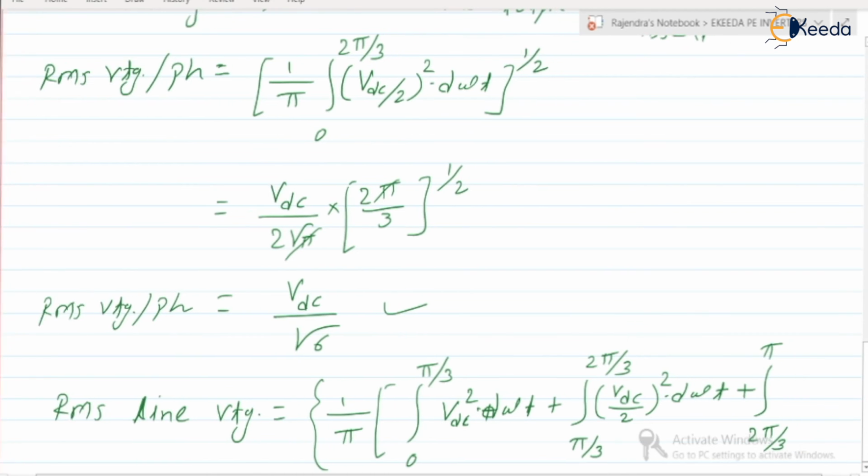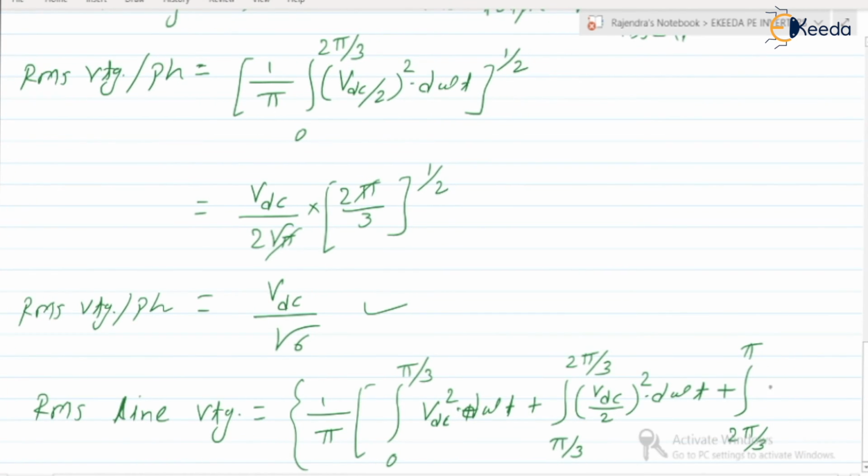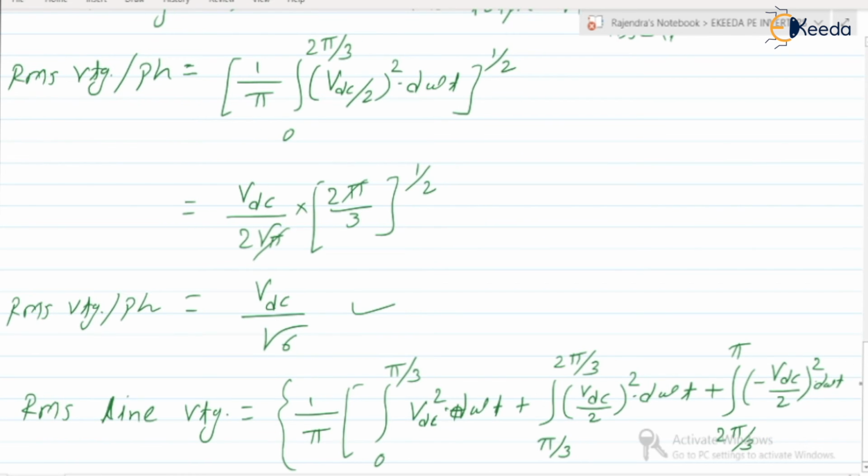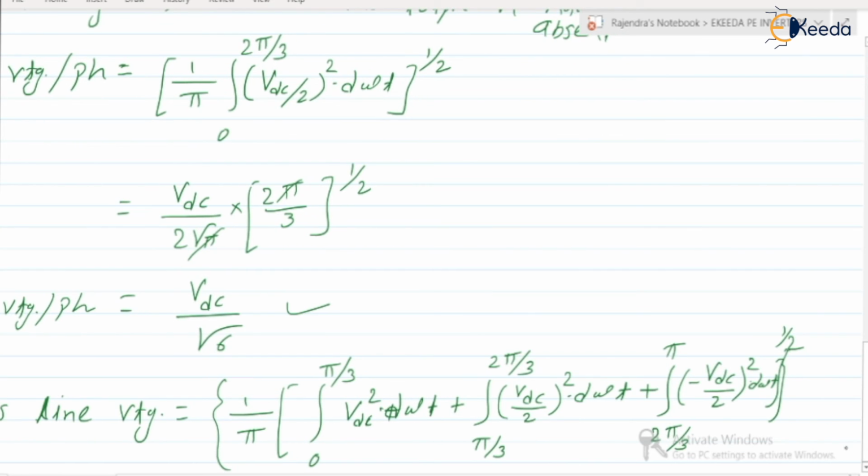During this interval, the voltage is equal to minus VDC by 2, so it is (minus VDC by 2) squared d omega t, all to the power 1 by 2. I am writing it here. Is this clear? To the power 1 by 2 I have written, right?